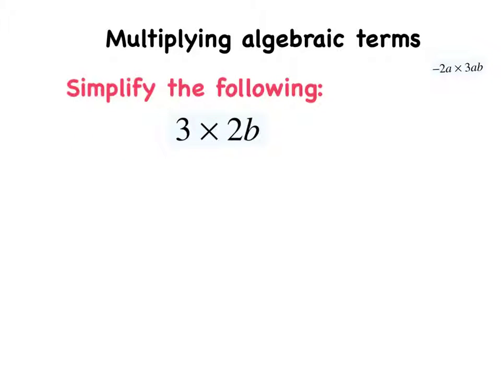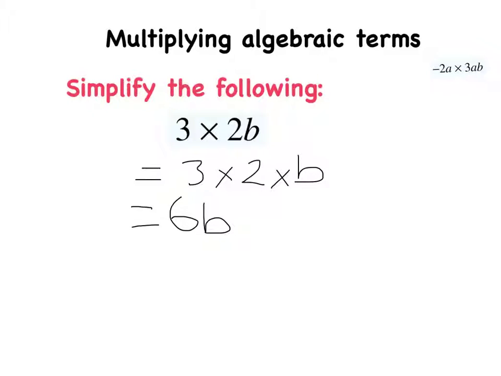Now, another way of writing 3 multiplied by 2b is 3 multiplied by 2 multiplied by b. That's separating my term into individual units. And 3 multiplied by 2 is 6, multiplied by b becomes 6b.